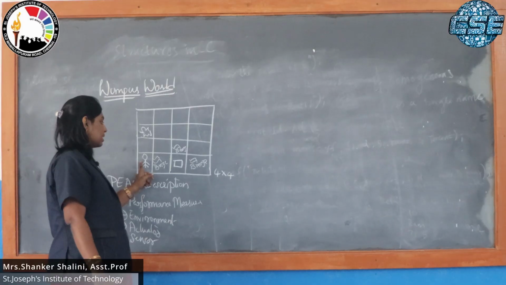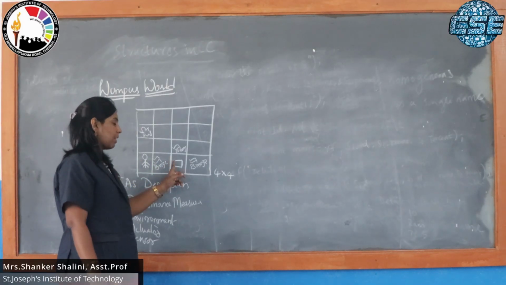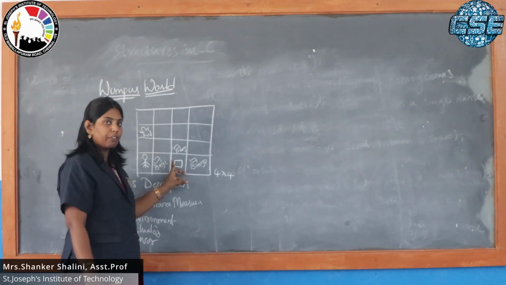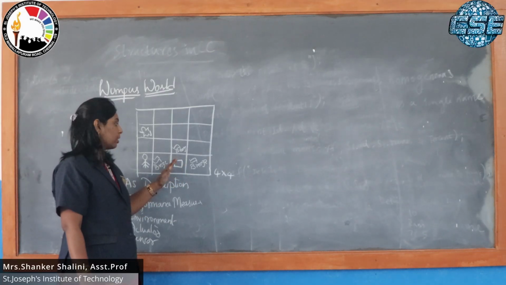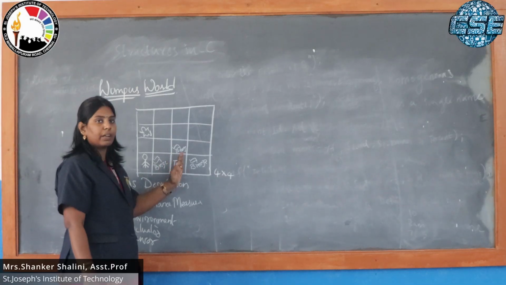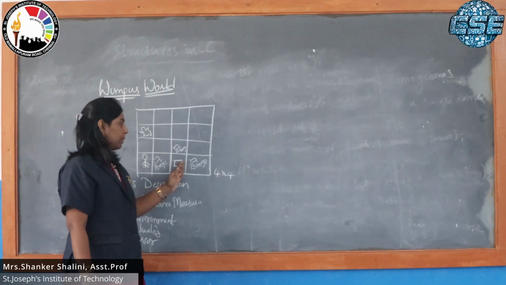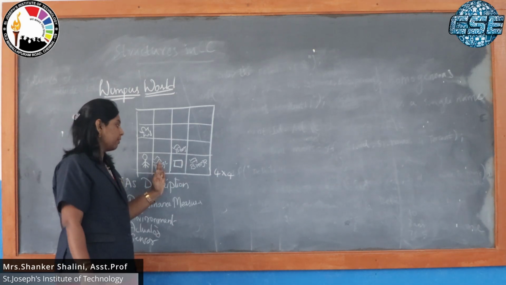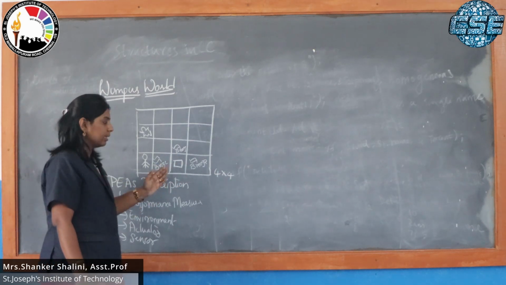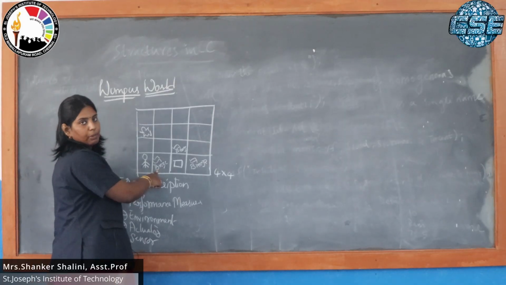Whenever the agent moves forward into the room of the pit, the agent will fall and the game will be over. So for that, the agent has to predict whether there is a pit adjacent to the grid or not. For that, initially at 90 degrees of its angle, the agent will sense the breeze.